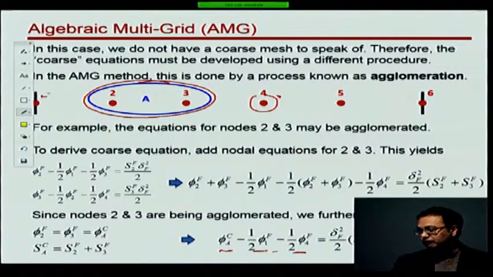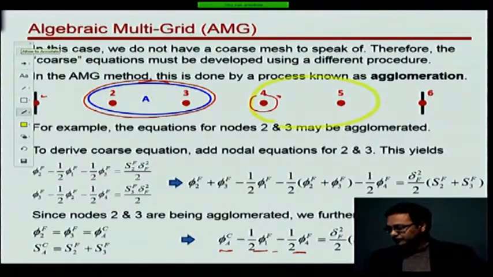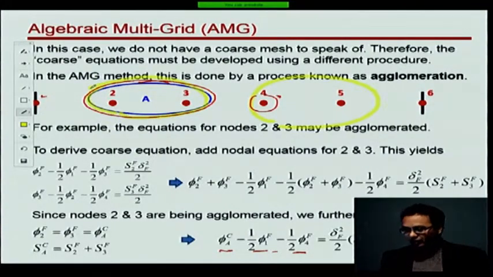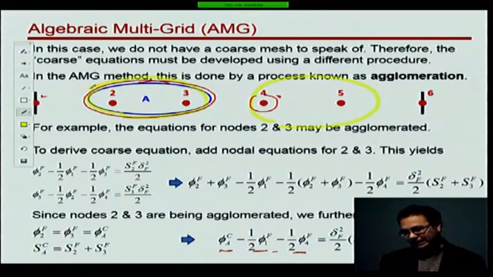Now 4 could have also been combined with 5, and I could have gotten a different blob here, but that's not what we are doing. We are just taking one at a time. Right now we have just agglomerated these two, without agglomerating anything else. So instead of 4 nodes, I now have 3 nodes.